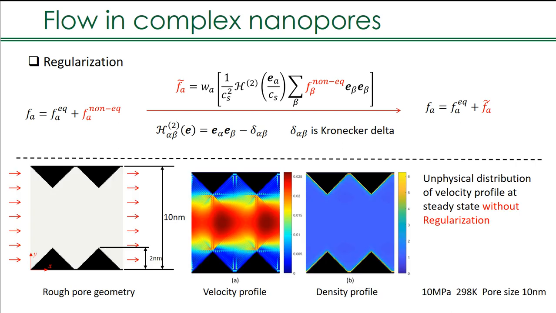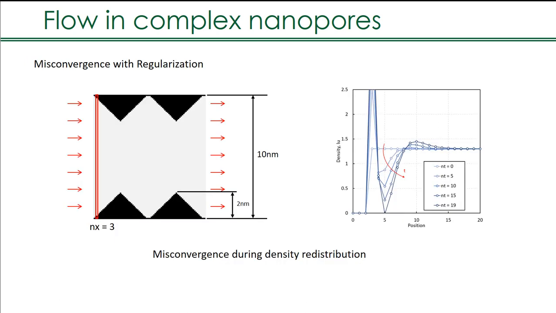For example, the left figure on the bottom shows the simulation domain. According to the figure in the middle, we can see that unphysical distributions of the velocity profile appear in the steady-state solution when we do not use regularization. And to alleviate this, we add regularization.